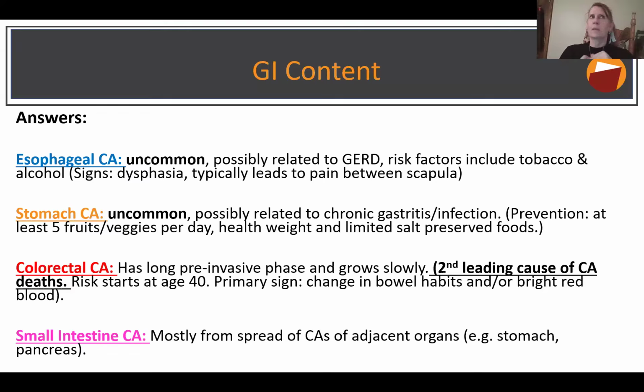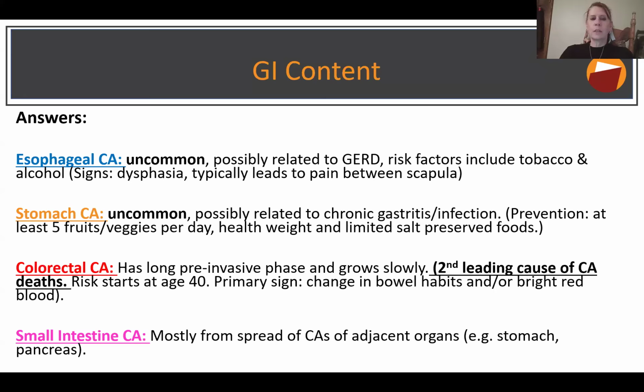Of course, we need to be asking those questions and doing good reviews of systems. Maybe they've got pain below that umbilicus or some low back pain and things don't make sense. We might want to ask, do you get your colonoscopy every year? Have you had a Cologuard? We might want to start asking those questions.